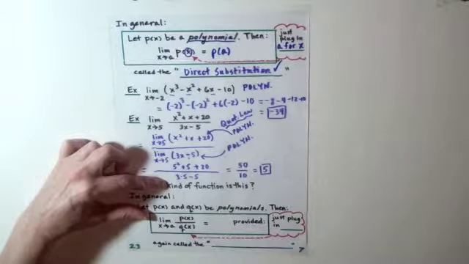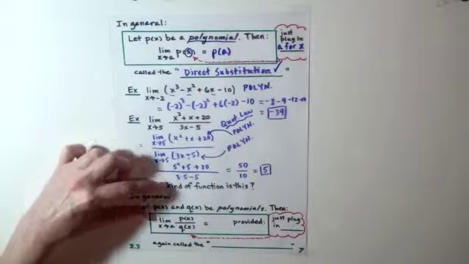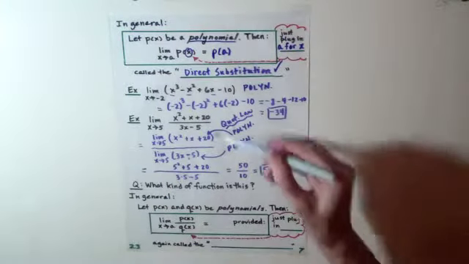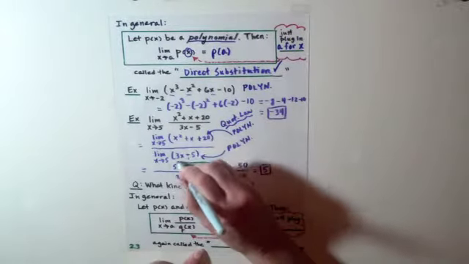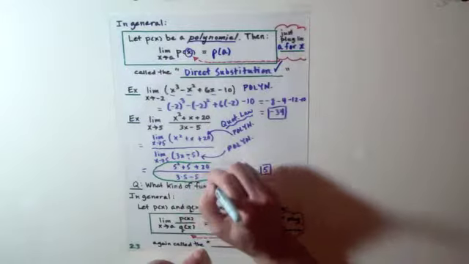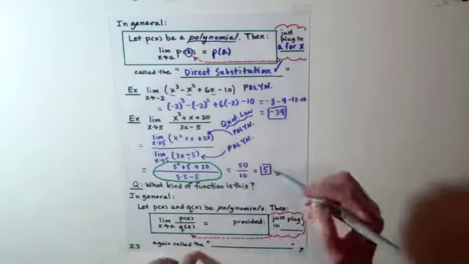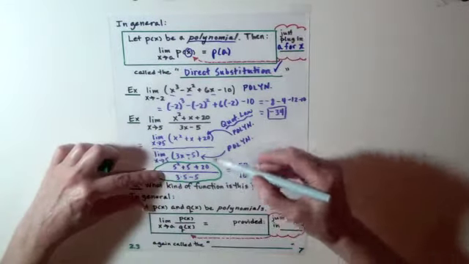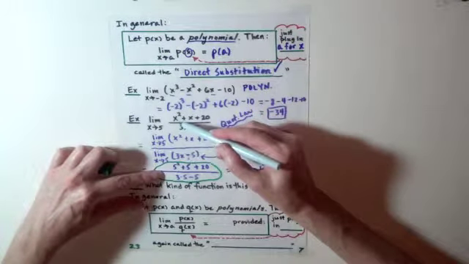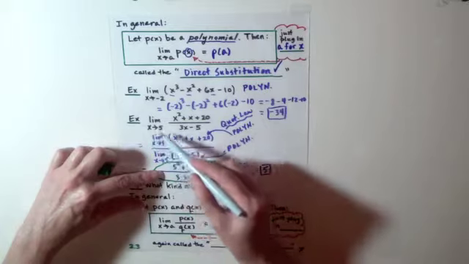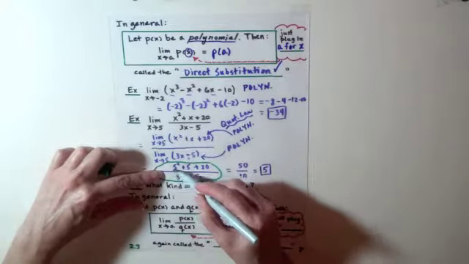Now, just as we did in the case of polynomials, notice that when I was figuring out the limit of this rational function, right at this stage in my series of steps, I have something that looks exactly like the original rational function, with x replaced with the number that x is approaching, with x replaced with 5.